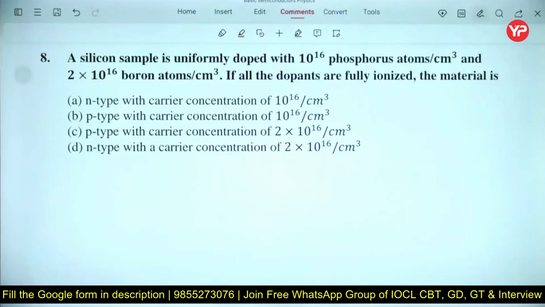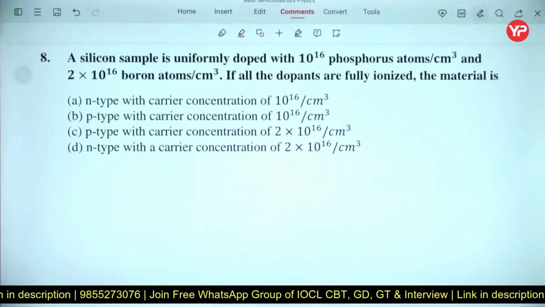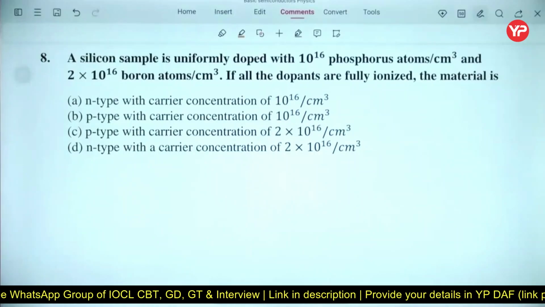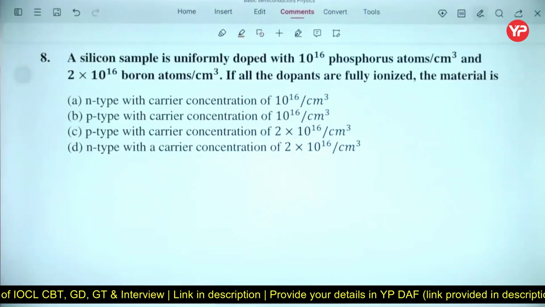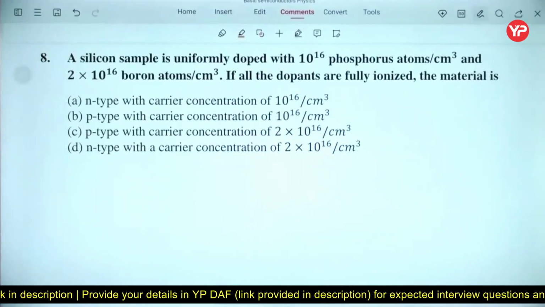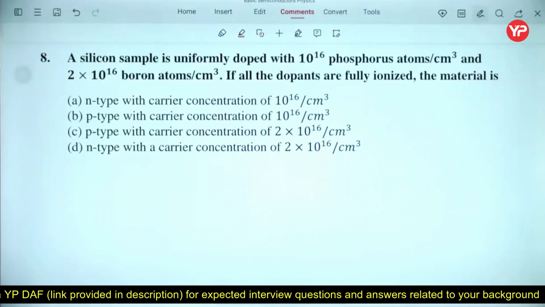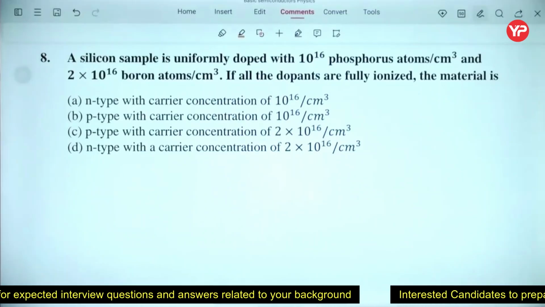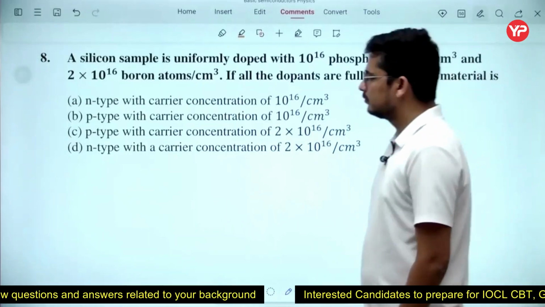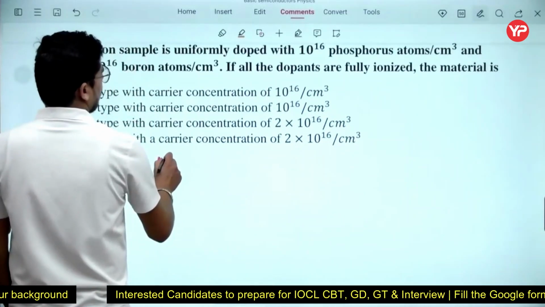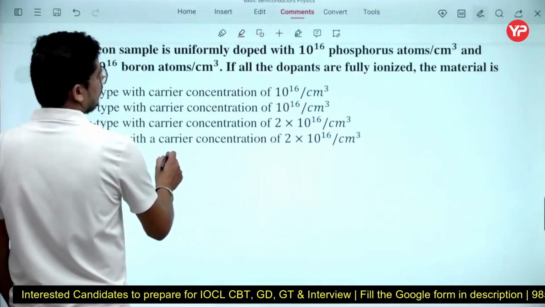So basically, good. Right, Ishila. The sample is uniformly doped with phosphorus atoms.